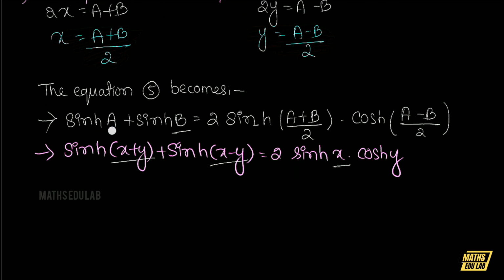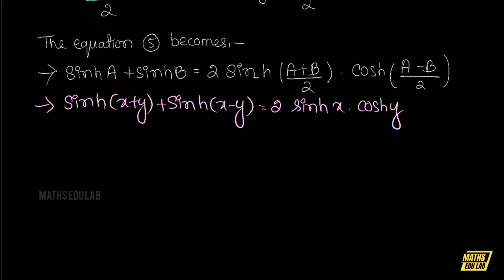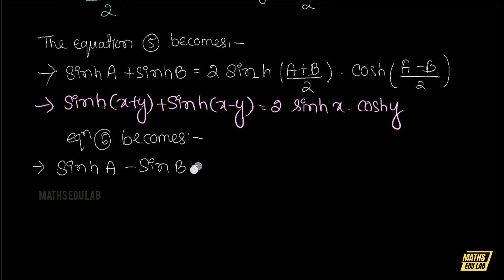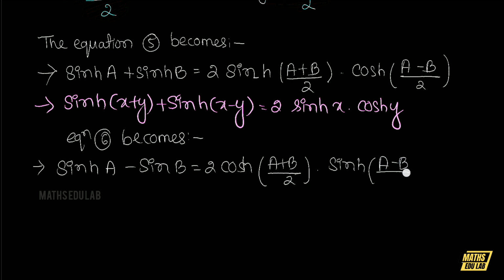Now let's go for the next equation. Equation 6 becomes sine hyperbolic a minus sine hyperbolic b, which is equal to 2 cos hyperbolic a plus b upon 2 into sine hyperbolic a minus b upon 2.